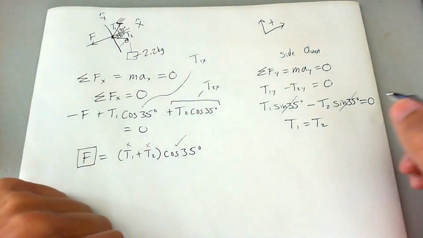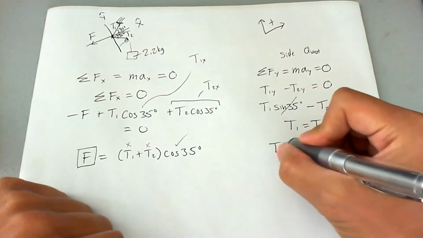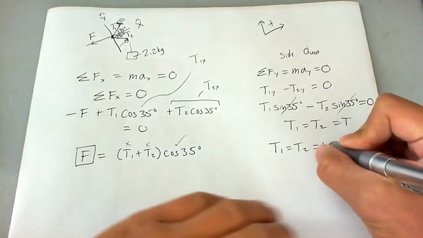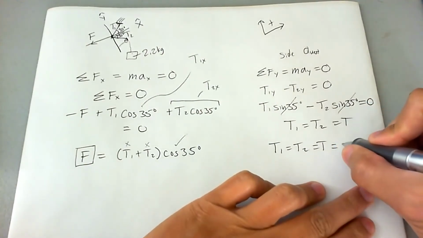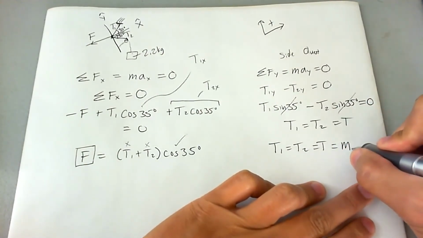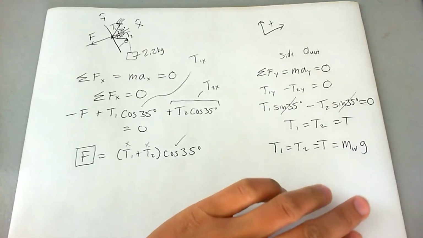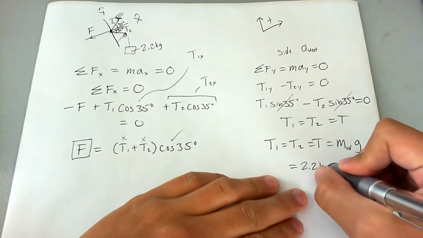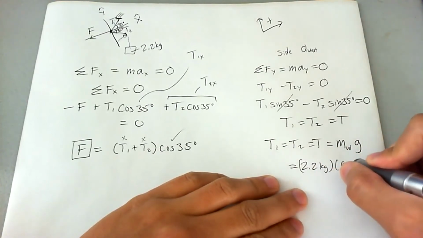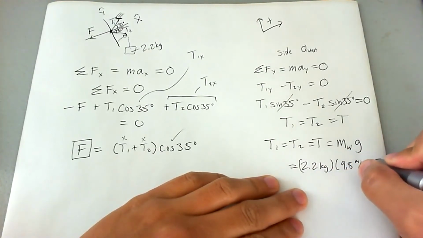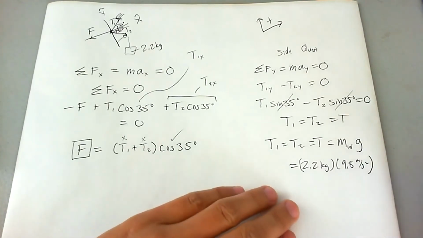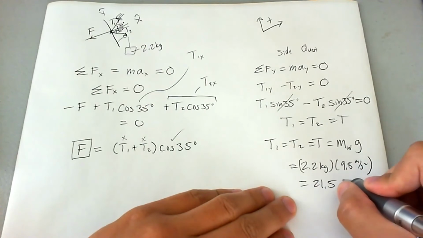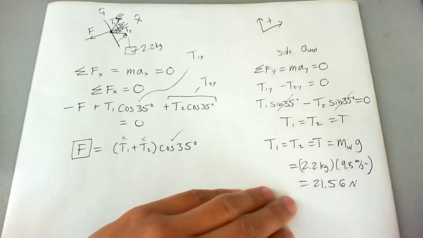So if that's the case, then we can say that T1 is equal to T2. We say it's equal to T, and that's equal to the mass of the weight, we'll say, times gravity. That ends up being 2.2 kilograms times 9.8 meters per second squared. And that comes out to be 21.56 newtons.